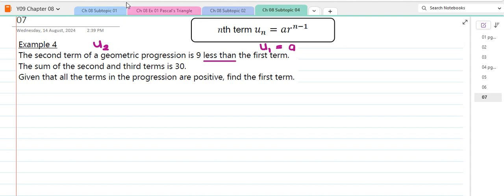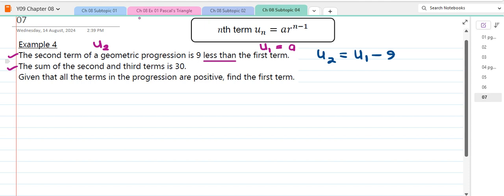So you can form the equation u2 = u1 − 9. The second condition is that the sum of the second and the third term is 30. So here it involves u2 and u3: u2 + u3 = 30.